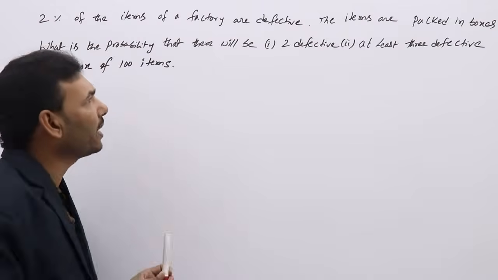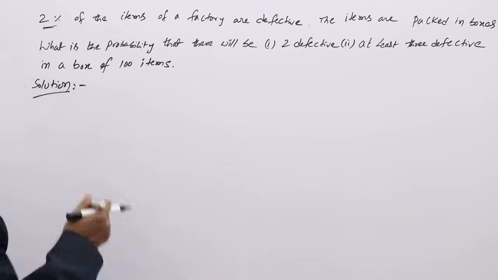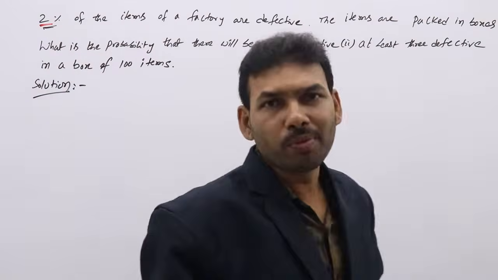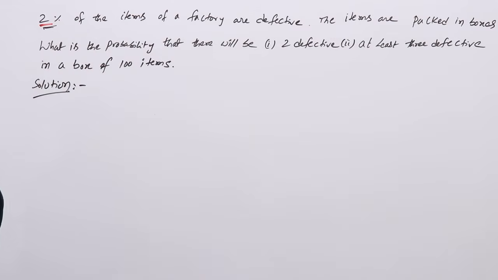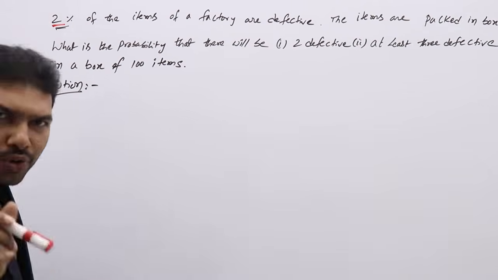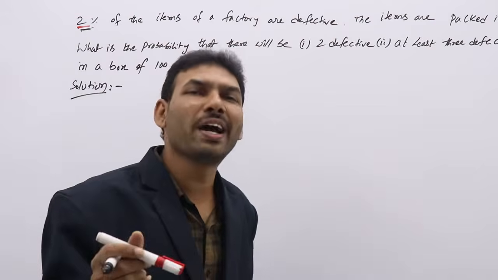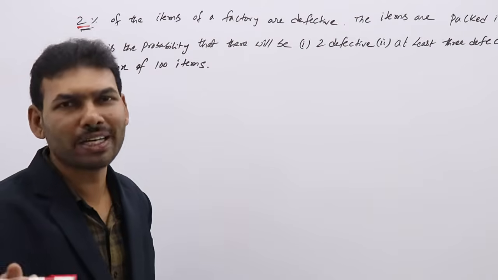In a factory, 2% items are defective. That means the probability of defective is 2%. 2% means 0.02, 2 by 100. A very small value, 0.02.